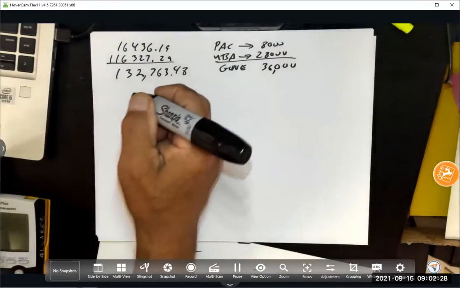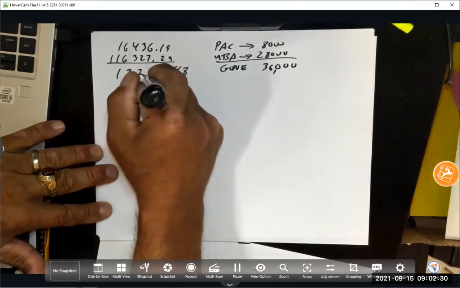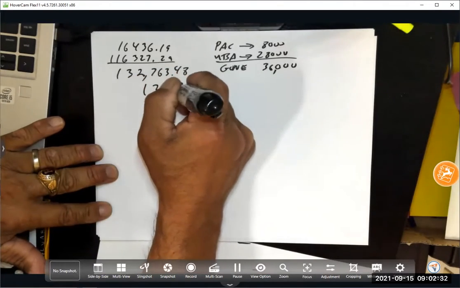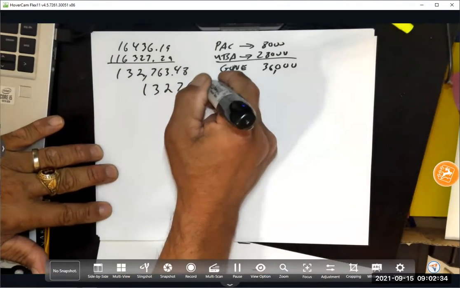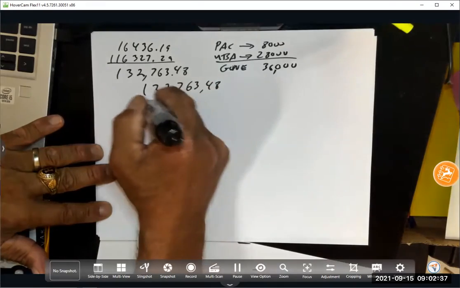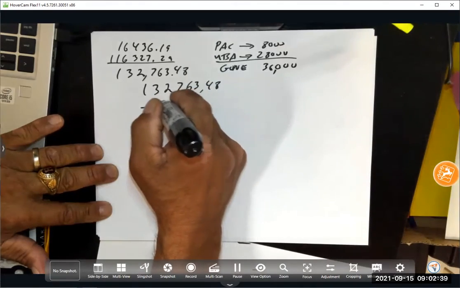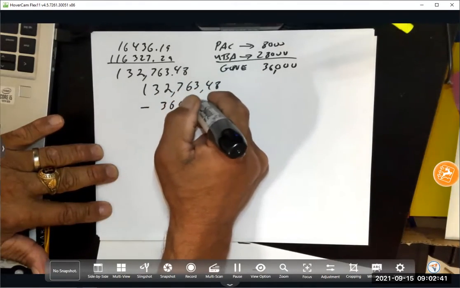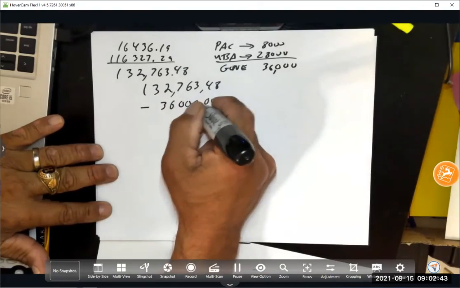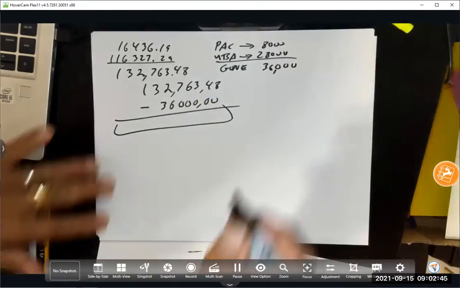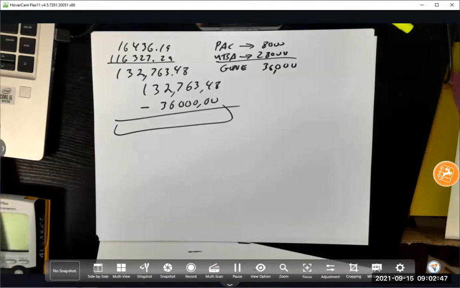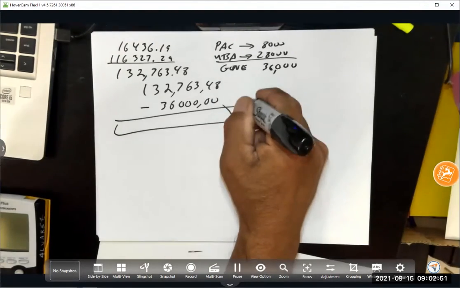So right now, if I subtract the 132,000 that I originally had that my grandma and grandpa gave me, and I take away the $36,000 that I already spent for school, I still have money left over in my account. How much do I still have in my checking account?